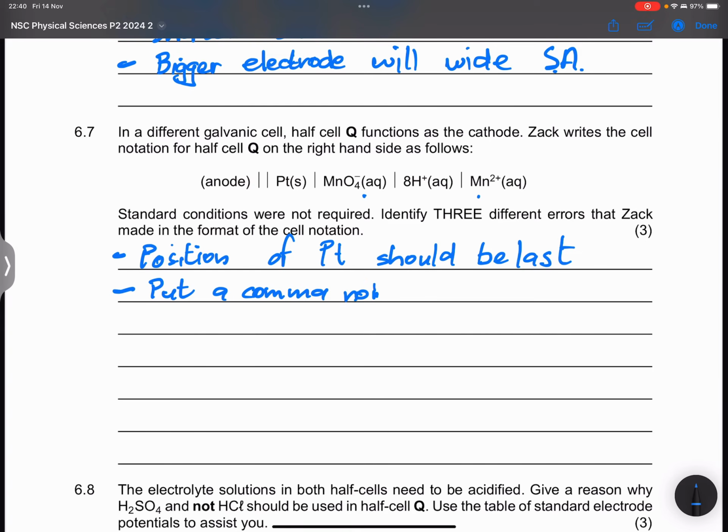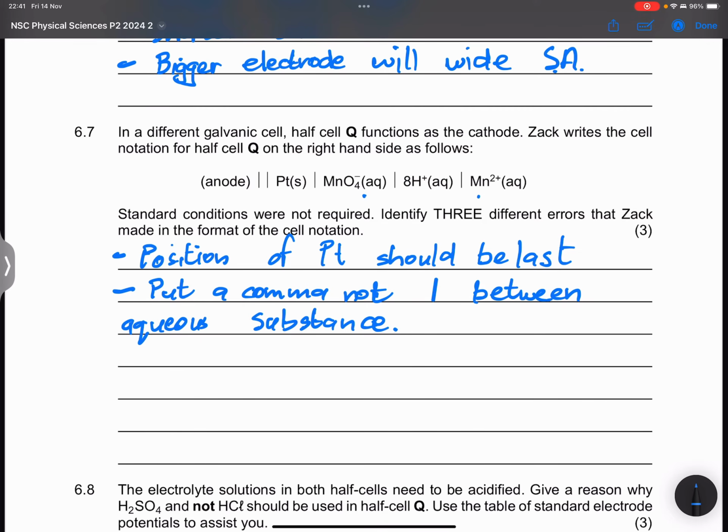Not, I don't know what this sign is called, right? Between the aqueous substances. All right, so let's go on to the next one.